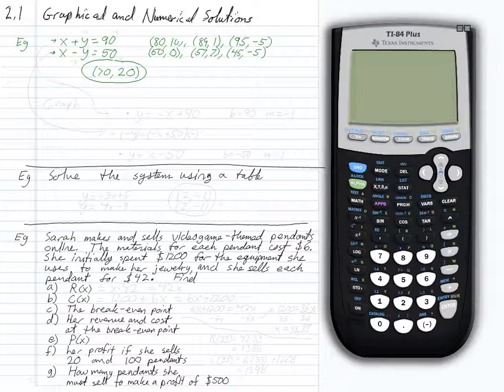Generally speaking, in this chapter with our linear systems with two variables, our solution is going to be a single point. The reason for that is that each of the equations in our system represents a line.